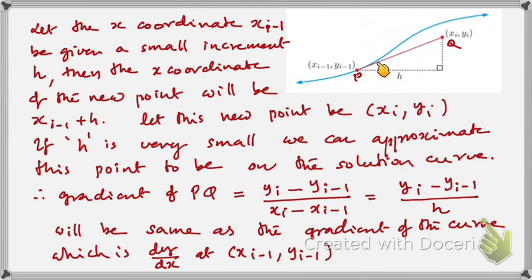So Q almost lies on the solution curve, and therefore the gradient of PQ will be the same as the gradient of the curve, which is dy by dx. But at which point? At the given point xi minus 1, yi minus 1.